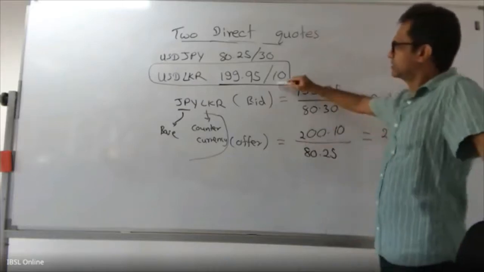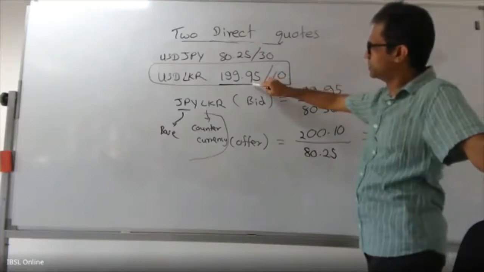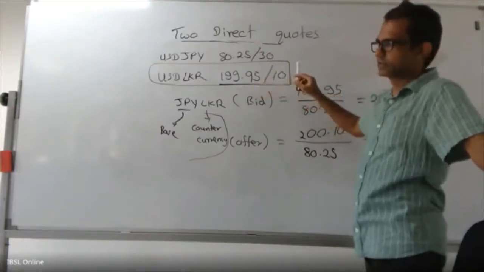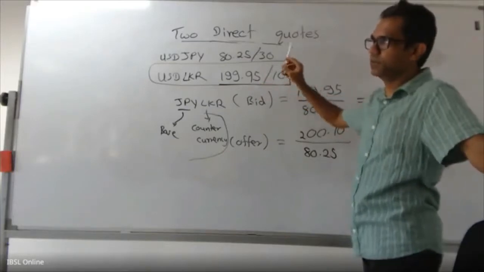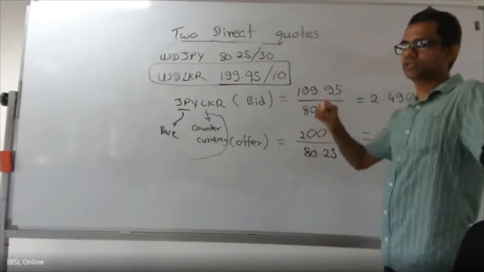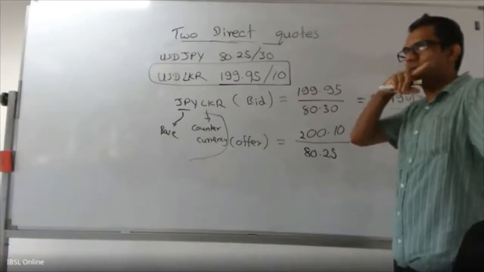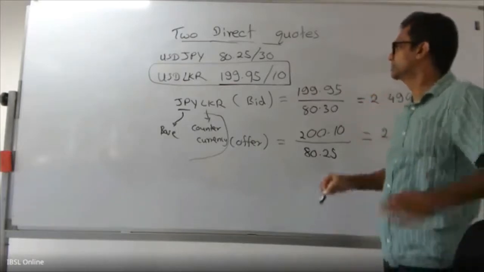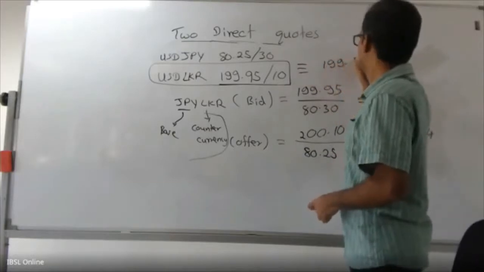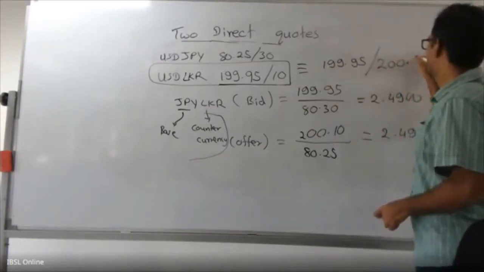When the figure at the offer is lower than the pips in the bid, that says the big figure has changed. So this is equivalent to writing 199.95 and 200.1.